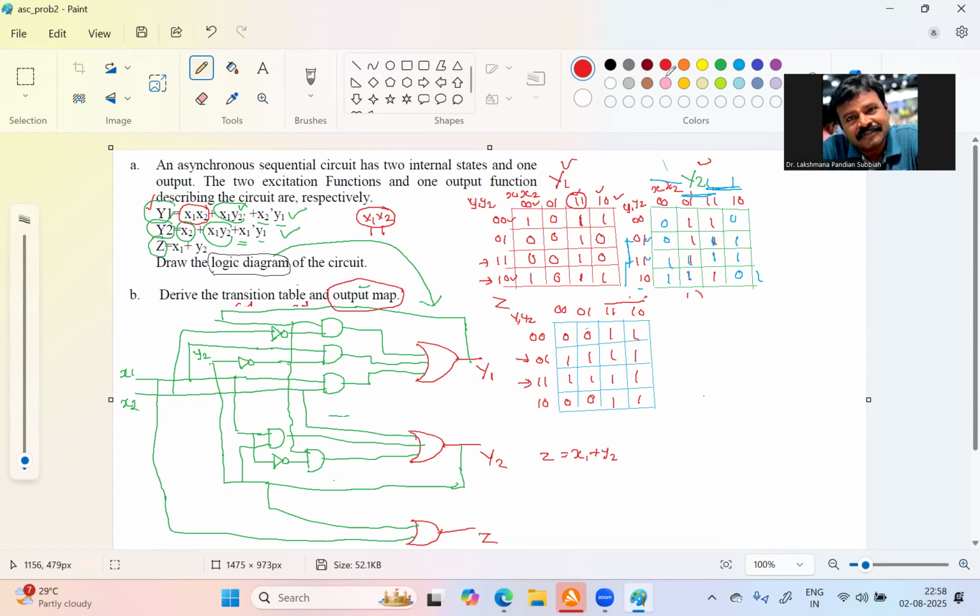The transition table is y2, y1, and here you merge these two tables. You draw the table.